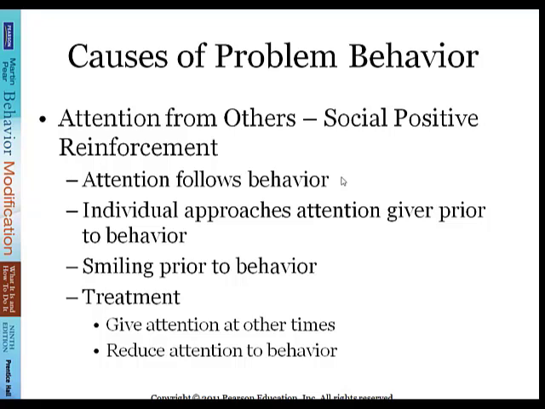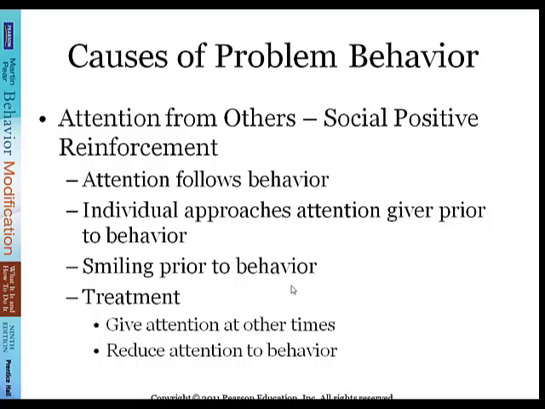So if they're not getting attention for the behavior, this is probably not the cause. But assuming that they are getting attention from someone, which is not necessarily you, but someone, you'll also notice that the person approaches the attention giver prior to the behavior and maybe seems to be in a good mood. If you're doing something to get attention, you will never do it when you're by yourself, right? Think about that.